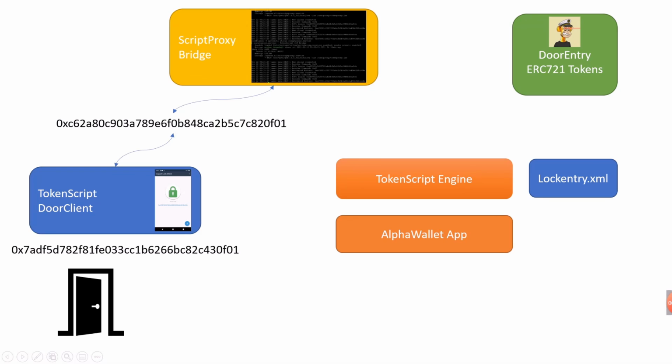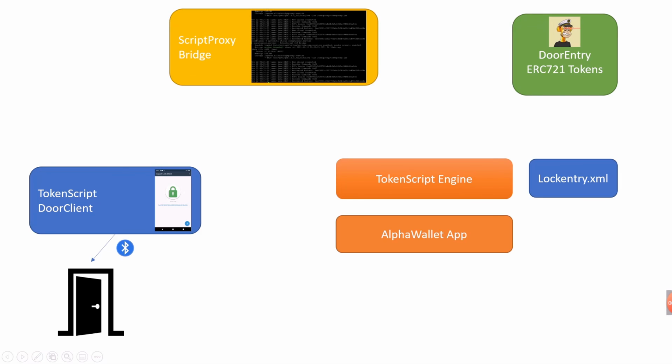So now that it has the verified address of the wallet, it can then check to see if there's any balance of the door entry tokens at this address, and if there is, it opens the door. And that's going to do it.